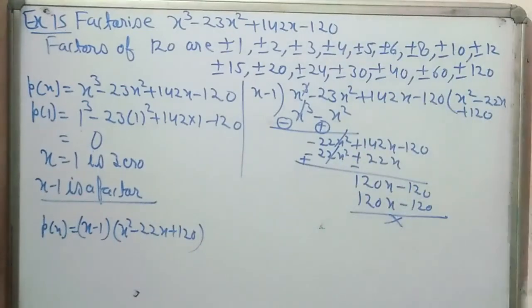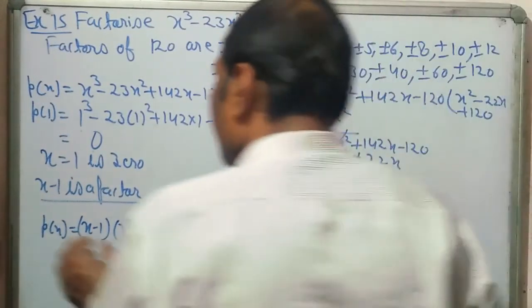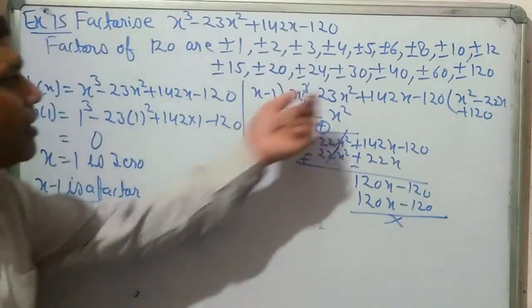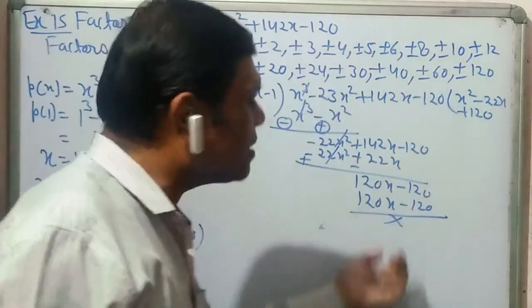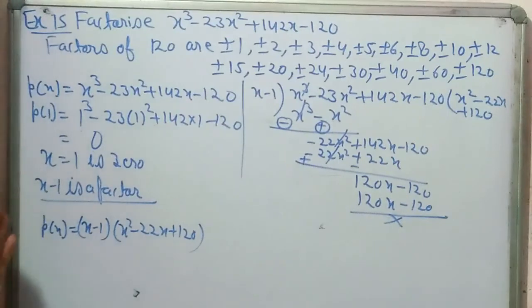Dividend equals divisor into quotient plus remainder. When the remainder is 0, dividend equals divisor into quotient. That is our rule.